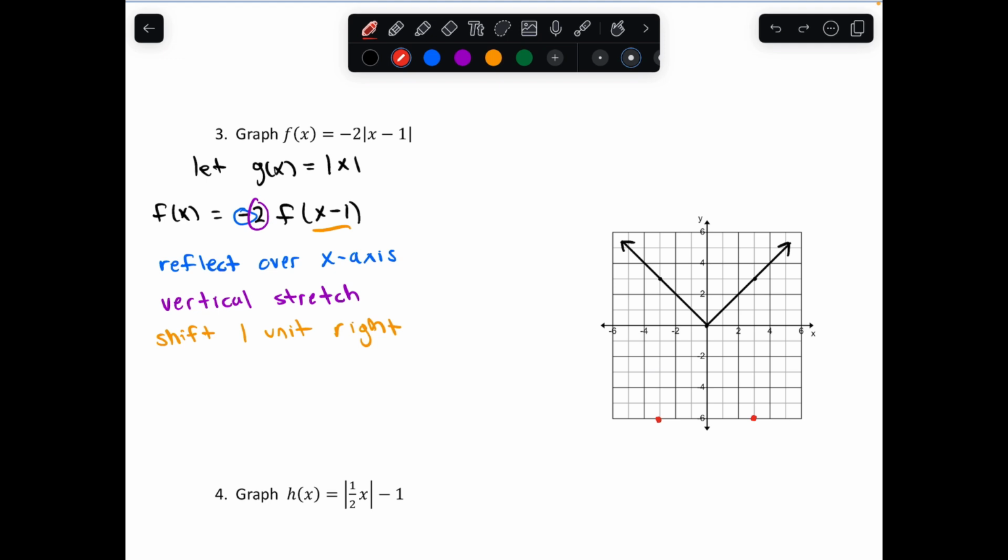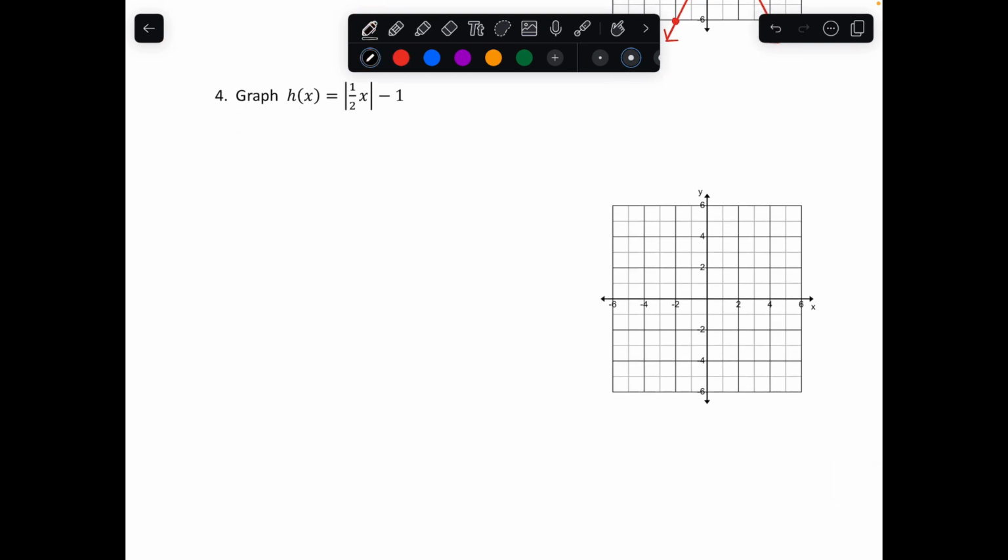So I'm going to move them over 1 unit. However, I also need to make sure I include the origin. So I'm going to erase my old intermediary points. And now I can connect everything. And that's the graph of our function.